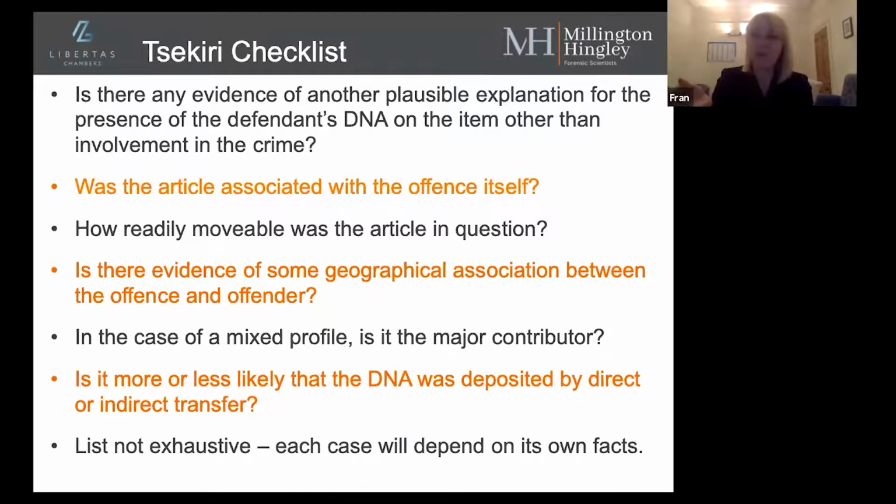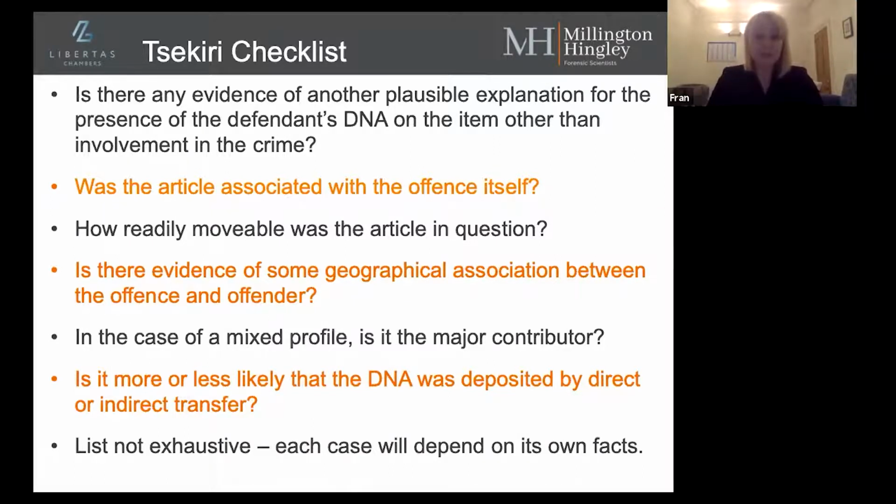So when you're looking at this issue, was the defendant a major contributor to a profile? You might want to be looking at instructing somebody like Joe to have a look at this point, to consider secondary transfer, because an expert may say, well, so what if it's a major contributor? It still doesn't rule out the possibility of secondary transfer.